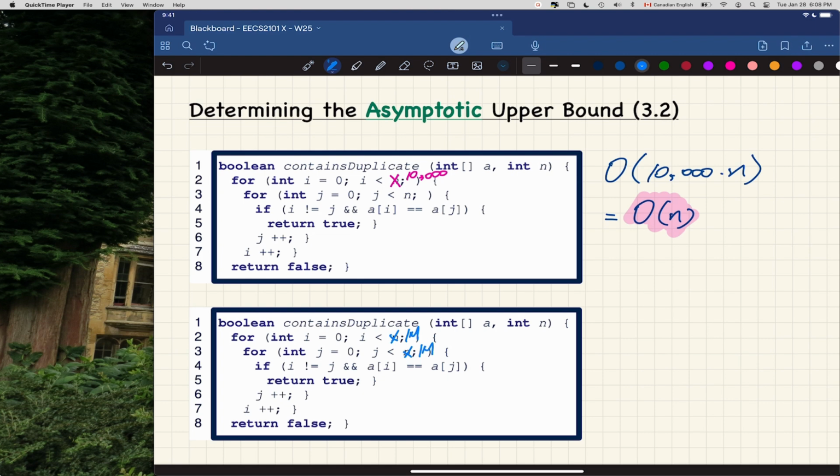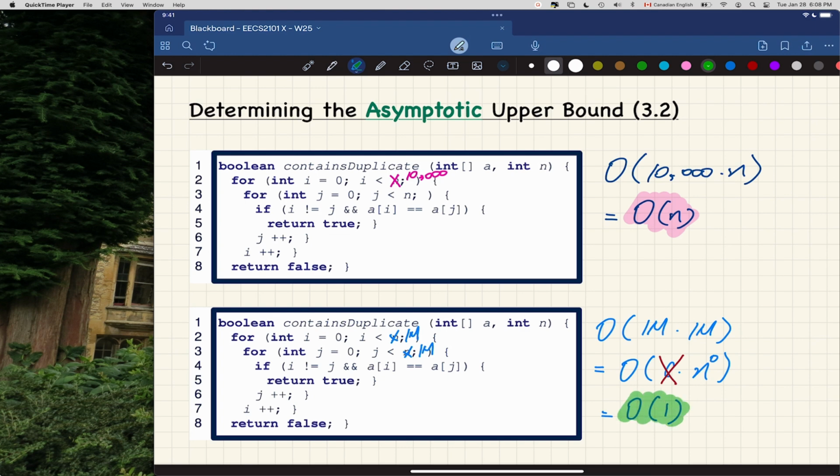So what I would get is big O of 1 million times 1 million. Think of this as big O of some very large constant c times n to the power of 0. And I can always drop a multiplicative constant, no matter how large it is. So this will still be just big O of n to the power 0, or just 1.